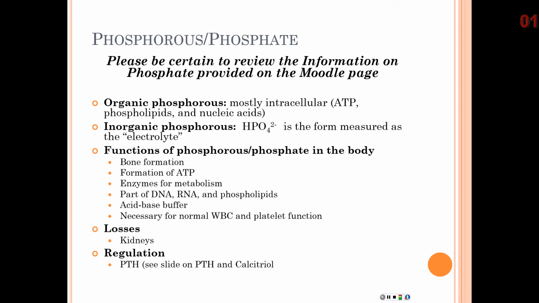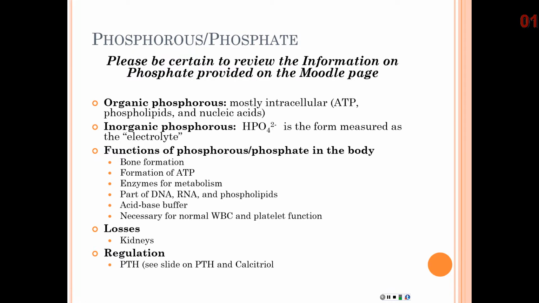And when we talk about phosphate, we really have to break it down into what we refer to as organic phosphorus and inorganic phosphorus. It's the inorganic phosphorus, or the phosphate, HPO4 with a -2 charge, that is the actual electrolyte that's measured.